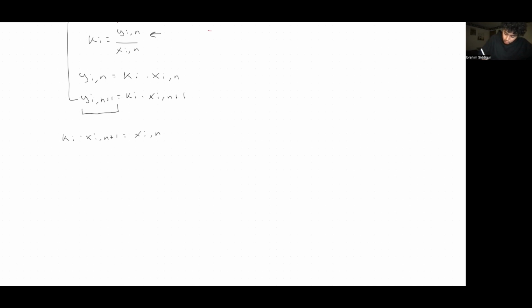And we can also do this for j. We're referencing i for our light key and j for our heavy key. So Kj times Xj at n plus 1 equals Xj at n. Essentially this is our light key and this is our heavy key.